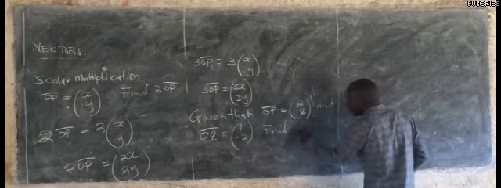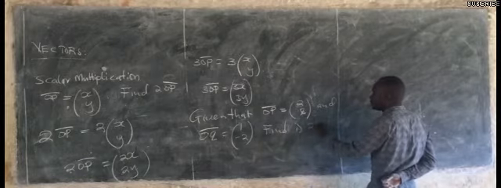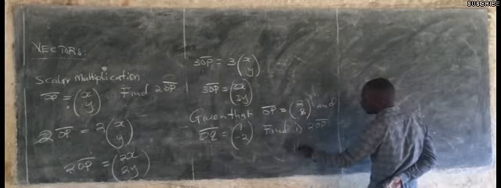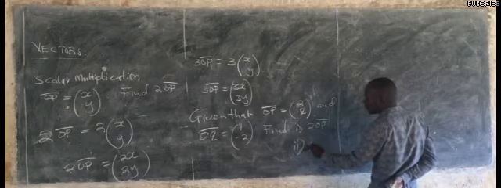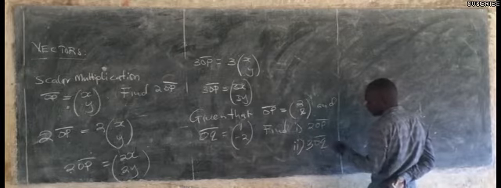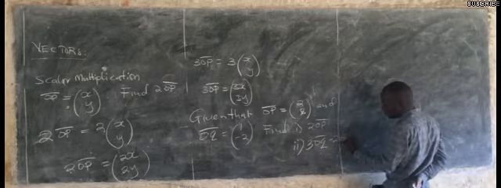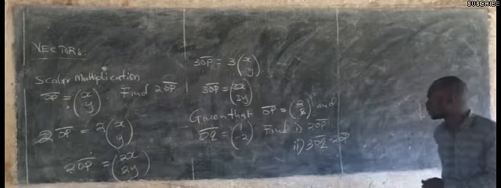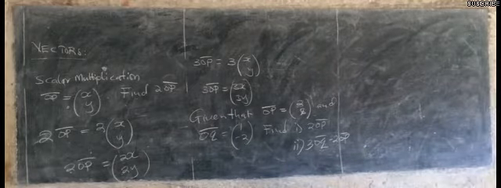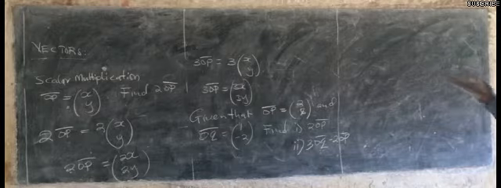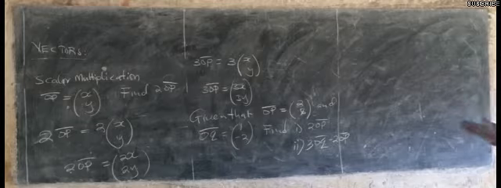Find Roman 1, they say 2 OP. Roman 2, they say 3 OQ minus 2 OP. That can be our simple example. So from our simple example, given that OP is 2, 8 and OQ is 1, negative 2, Roman 1 is 2 OP. Roman 2 is 3 OQ minus 2 OP.